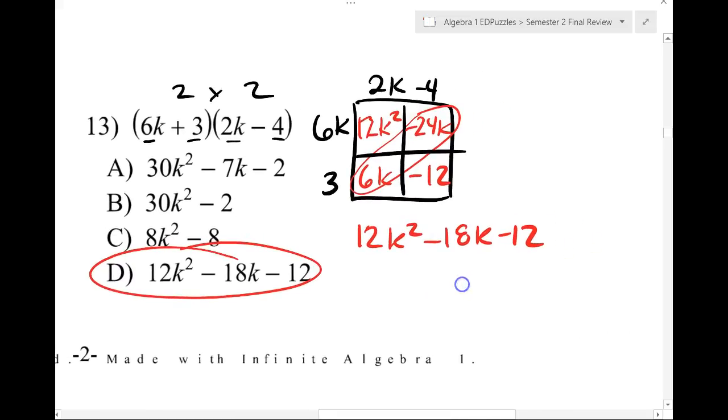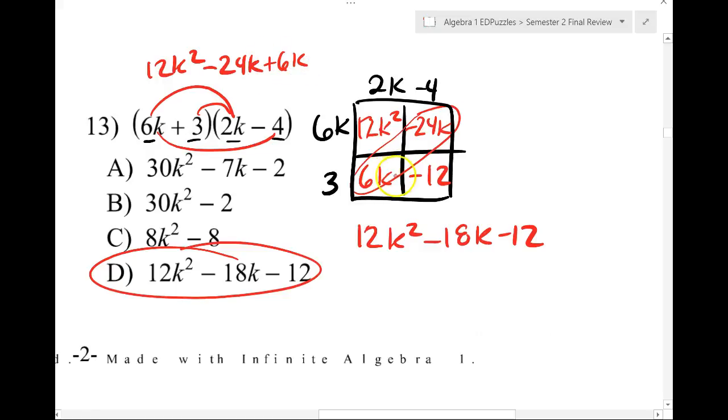Okay, the other way would be to FOIL, where you multiply the first terms, so you get 12k squared. Then you multiply the outside terms, 6k times negative 4, which would be negative 24, which we're basically doing the same thing we did in the box. Okay, that negative 24. Then the inside terms, 3 times 2k is 6k.